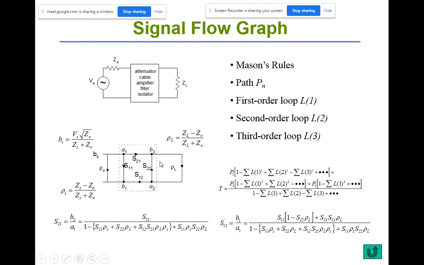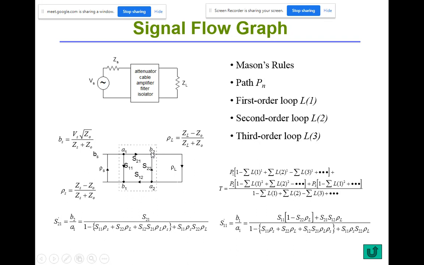So the sum of second order loop is this one, rho L times S22 multiplied with rho S times S11. That is this term here. Understand?